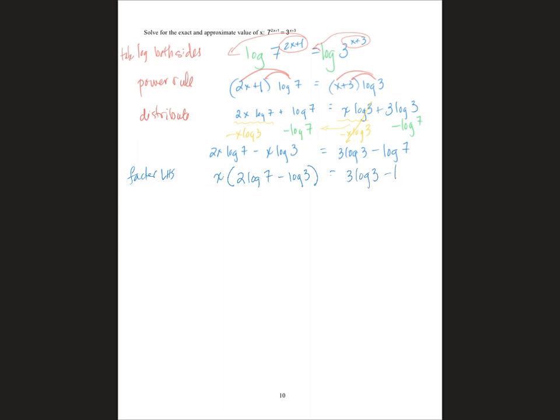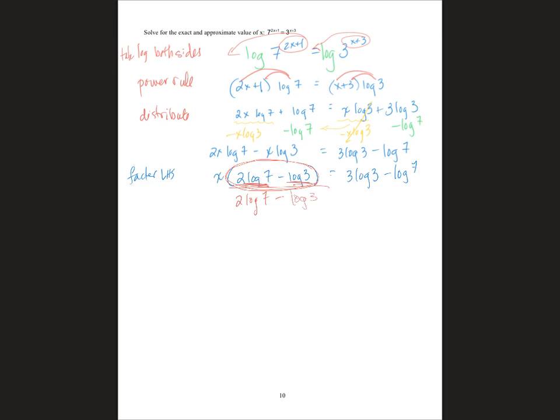Now remember, I'm trying to solve for x. So how can I isolate the x? Well, I'm going to divide each side by, this is just a number. If I were to put this in the calculator and evaluate this and subtract this, this is technically a number.